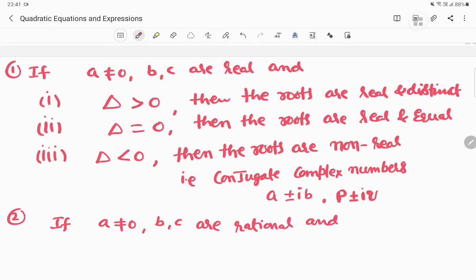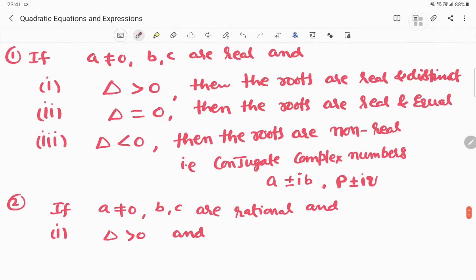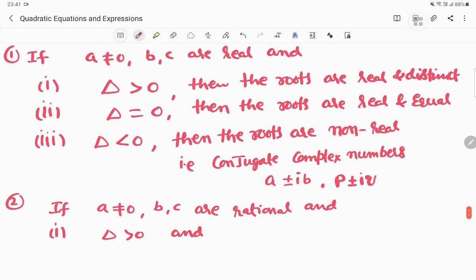Again the first property: delta is greater than 0 and delta is a perfect square, then the roots are rational and distinct.